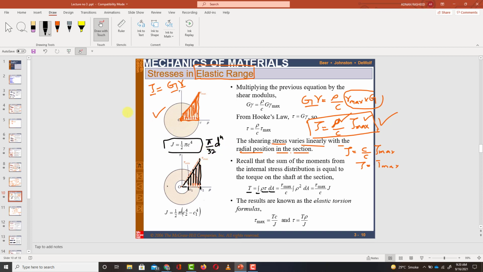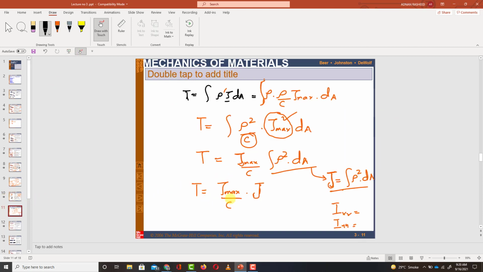Clear? And for a hollow shaft, it will be the same 1 over 2 pi, but it will be c2^4 minus c1^4, that is written over here. So the value of J for different shapes will be different, and you can calculate the J value by using that formula.